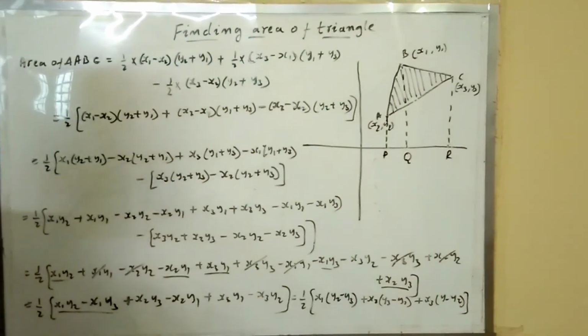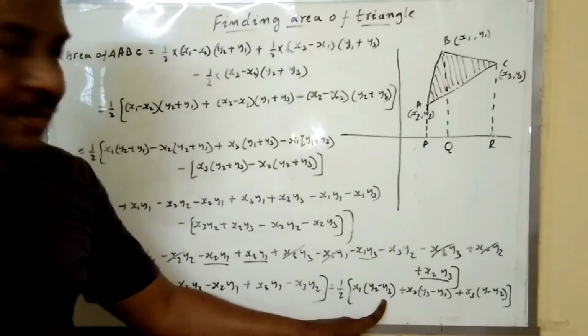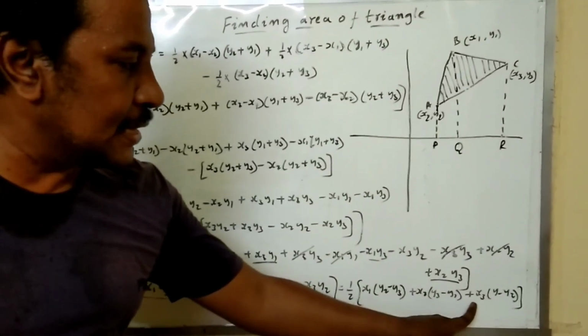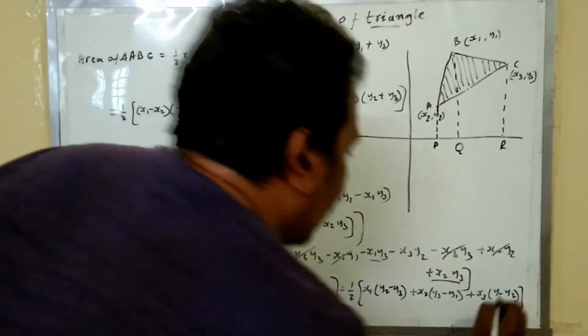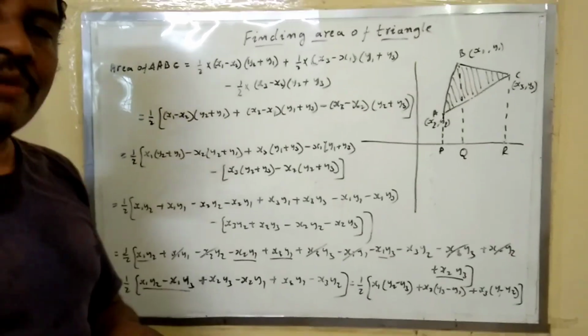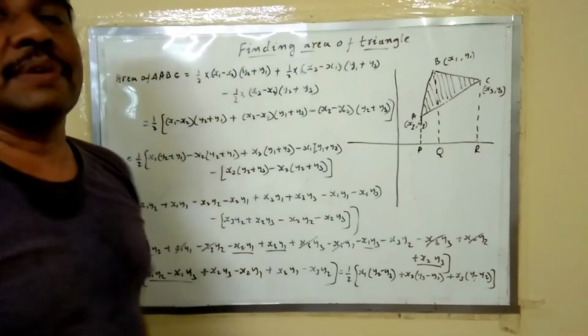So this is the final formula: half into x1 into y2 minus y3 plus x2 into y3 minus y1 plus x3 into y1 minus y2, for finding the area of a triangle whose coordinates are (x1, y1), (x2, y2), (x3, y3).